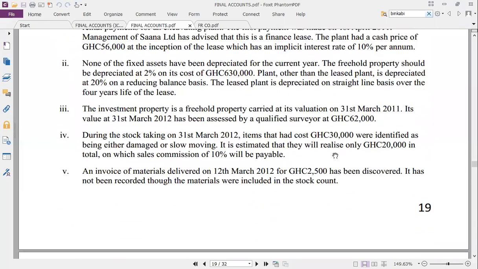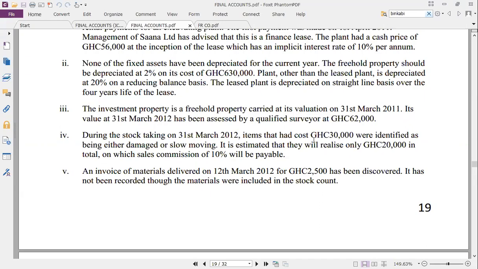Now, the next one says that during the stock taking on 31st March 2004, an item with a cost of 30,000 was identified as either damaged or slow moving. It is estimated that they will realize only 20,000 in total, on which sales commission of 10% will be payable. So, find the NRV and compare it to the cost.